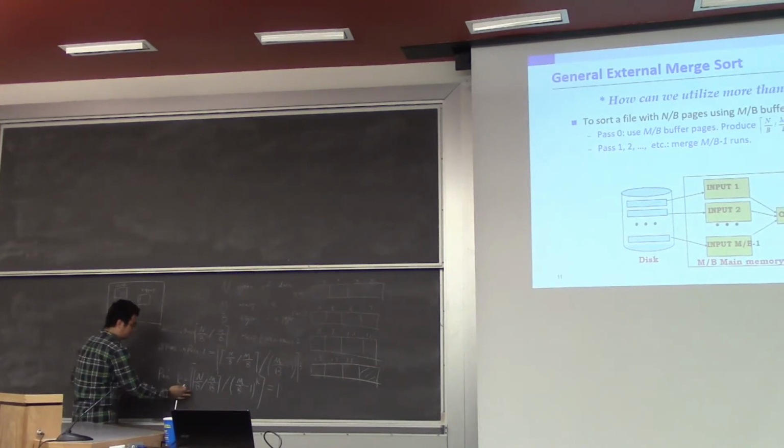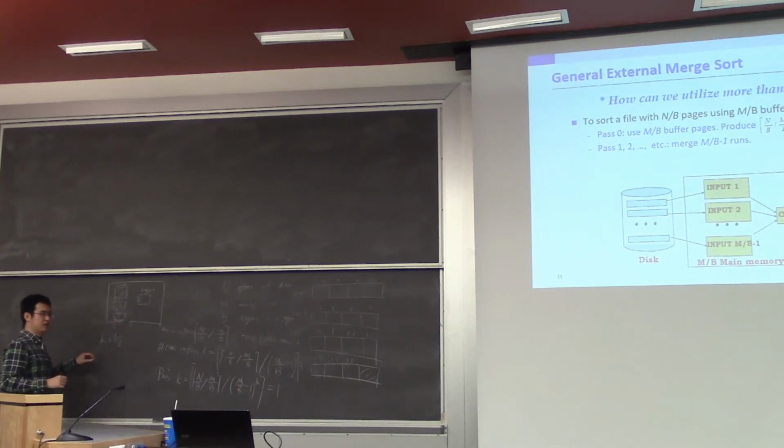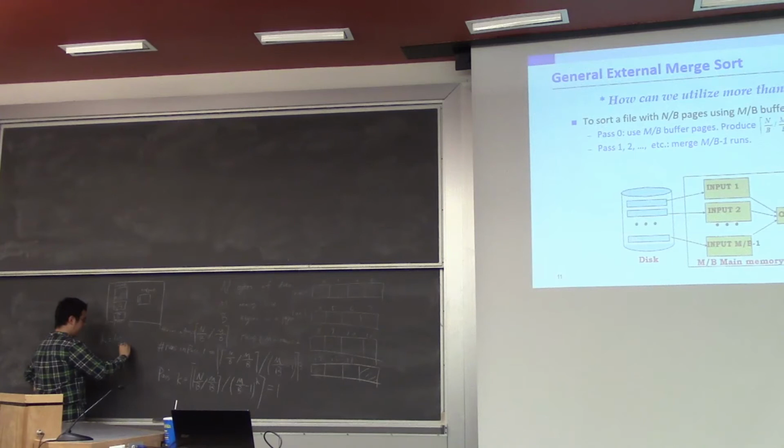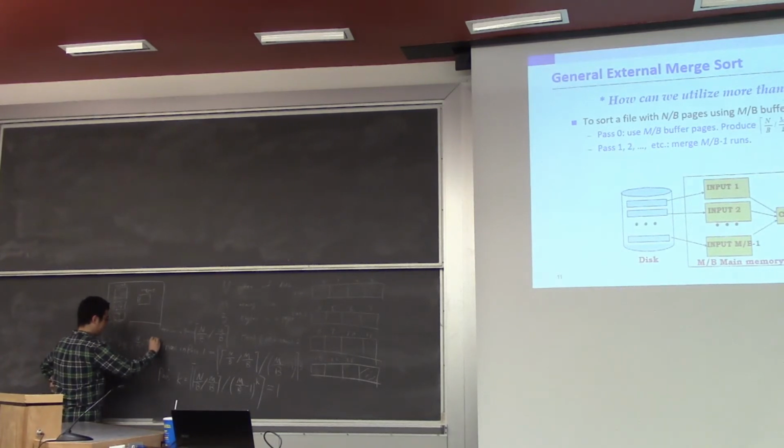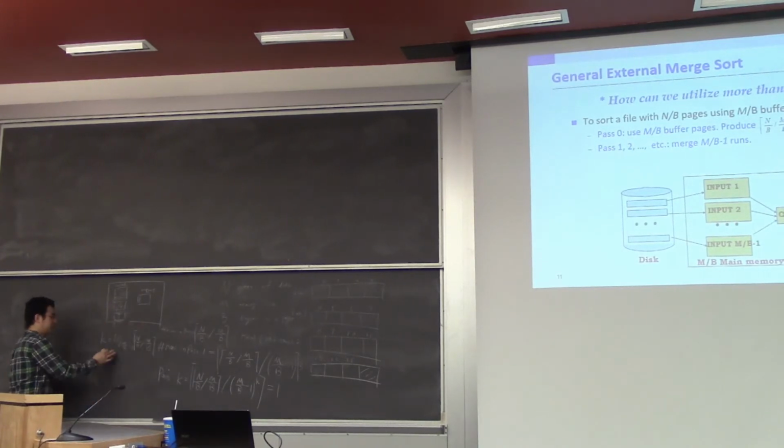You can just ignore the ceiling here because it's approximately equal without the ceiling part. So it's basically log base m over b minus 1 of n over b divided by m.